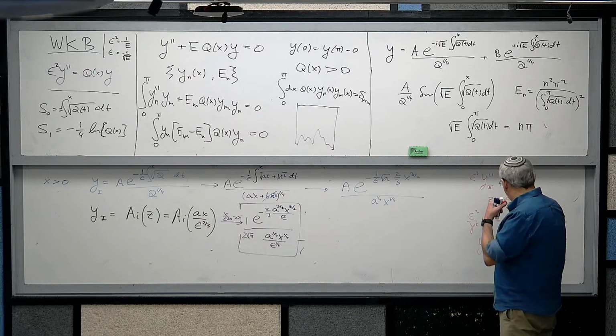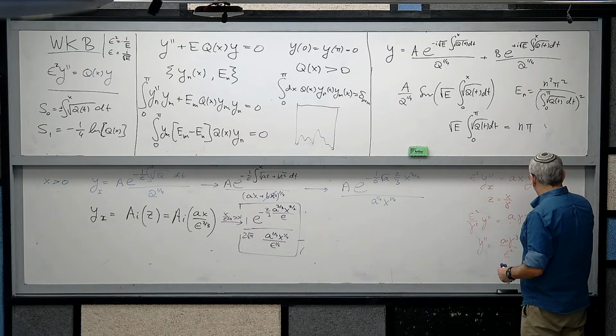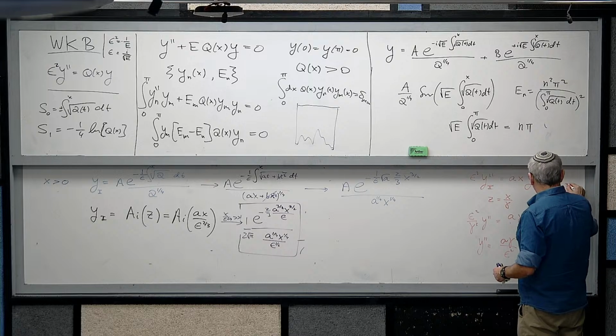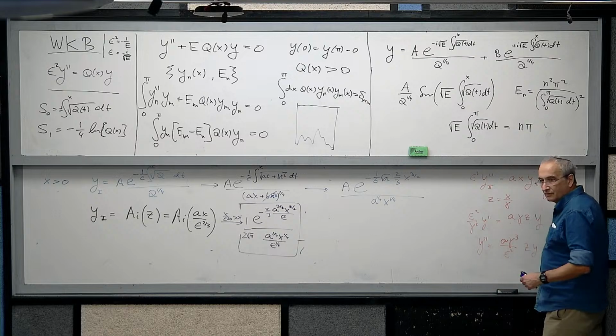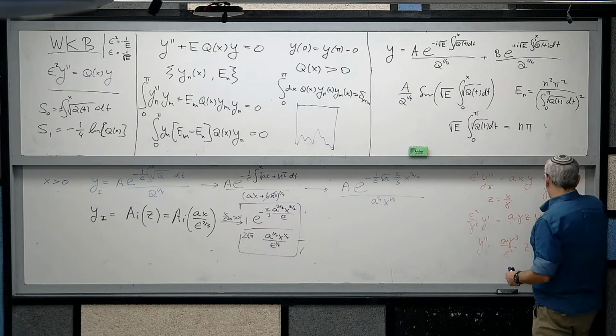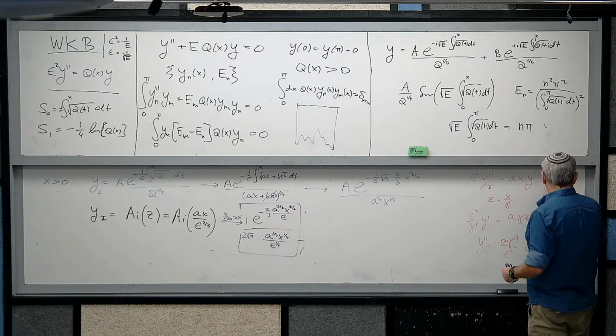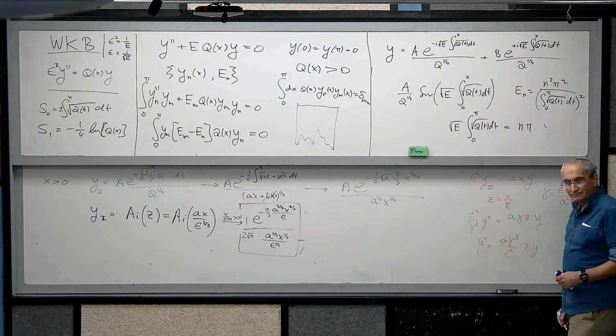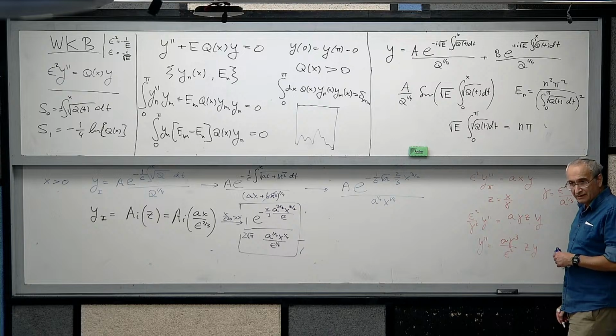So y double prime is A times gamma cubed divided by epsilon squared times Z times Y. Right? So I want to find what is gamma. Gamma is epsilon to the 2/3 divided by a to the 1/3. You see?